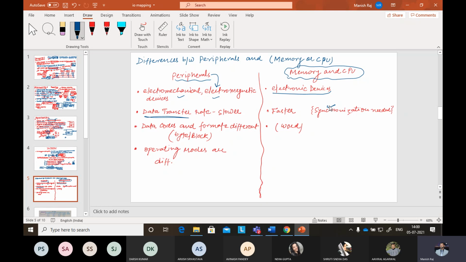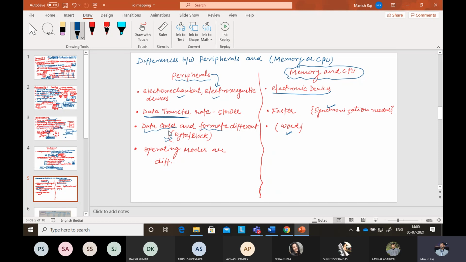Third, most of the time the peripheral devices' data codes and formats are different, because peripheral devices mostly use bytes and blocks, and the CPU uses words.